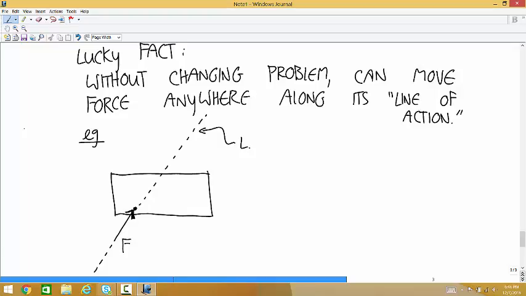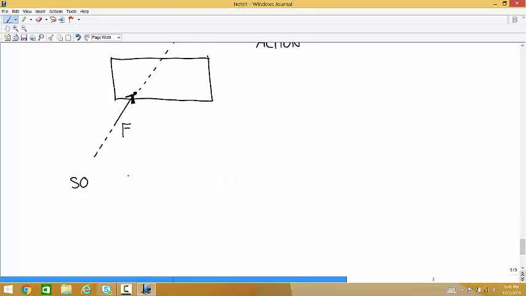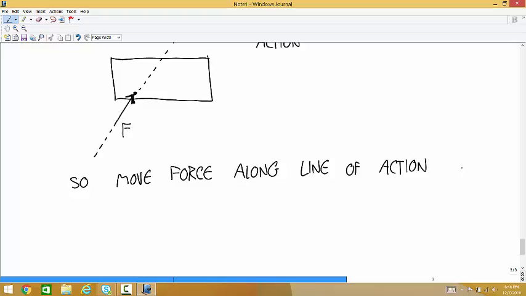This is the line of action. So just move the force along the line of action, and so what we're really doing is moving the point P where the force is applied.